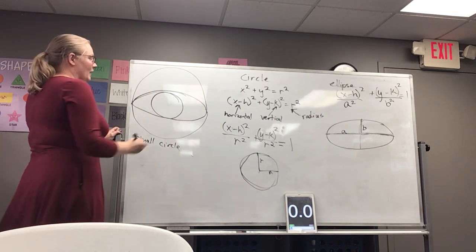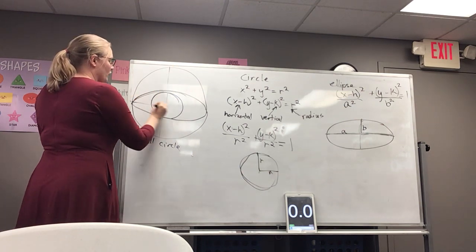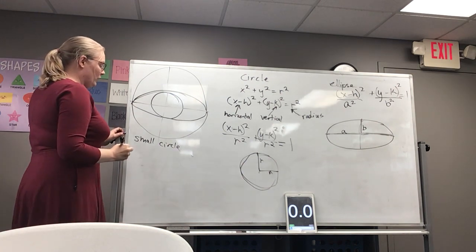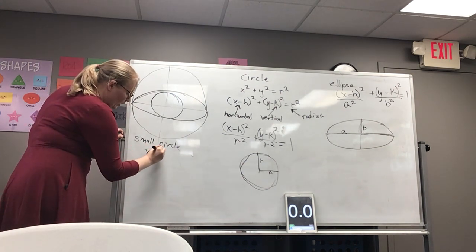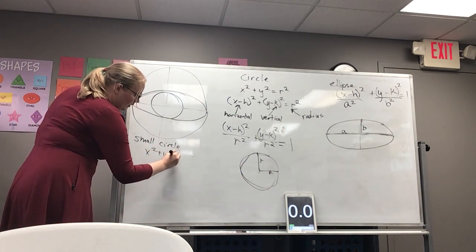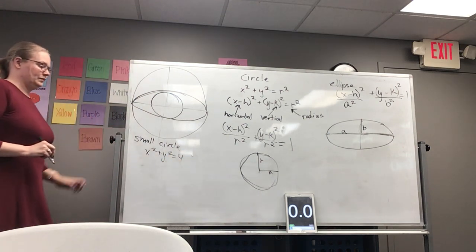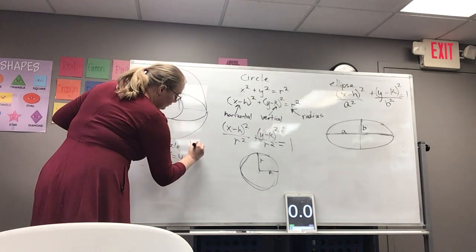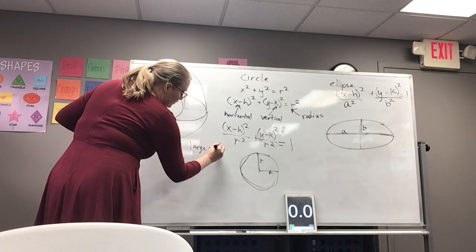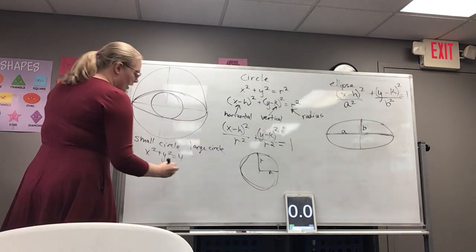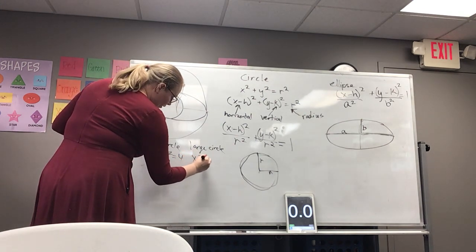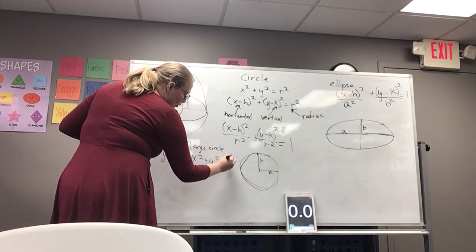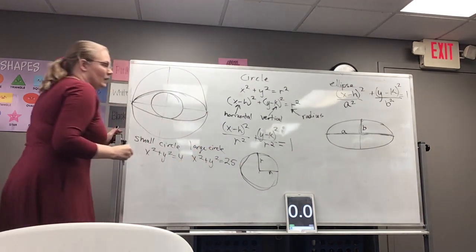the idea, this is going to be centered about the origin. We don't have to deal with the shift, thank goodness. But the small circle of the equation says that x squared plus y squared equals 4. For the large circle, the equation says that x squared plus y squared is equal to 25.